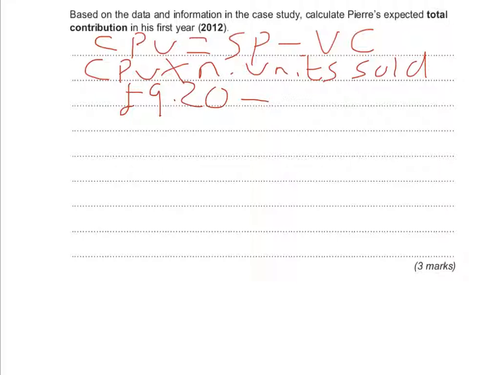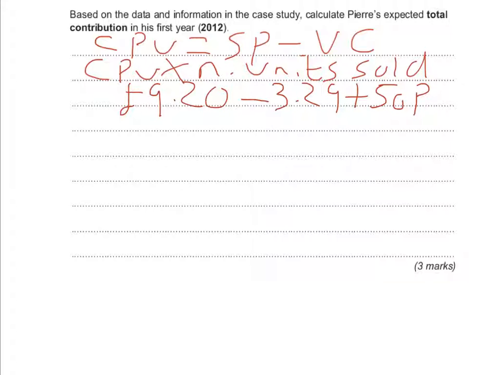In figure 1 it tells you that the variable cost per t-shirt will be £3.29. However, in the following paragraph it also states that there will be an additional 50p added onto this.